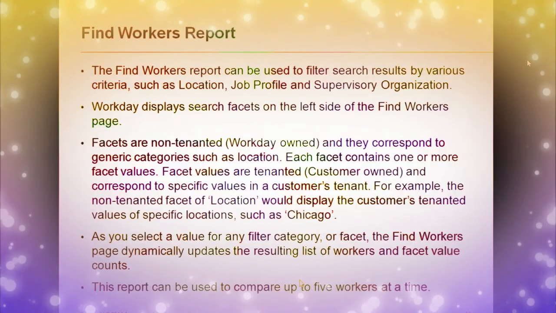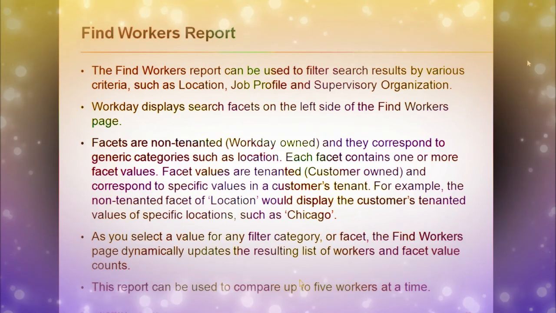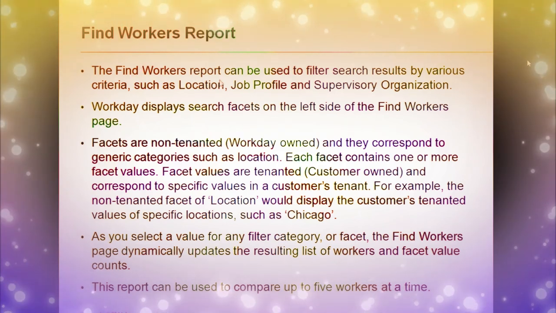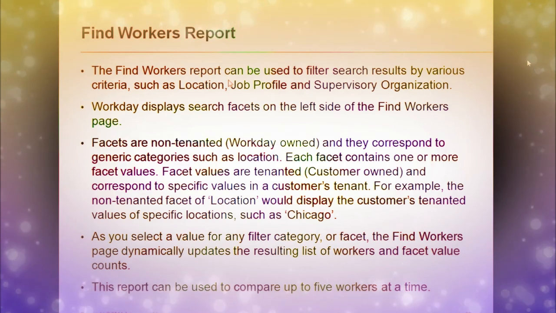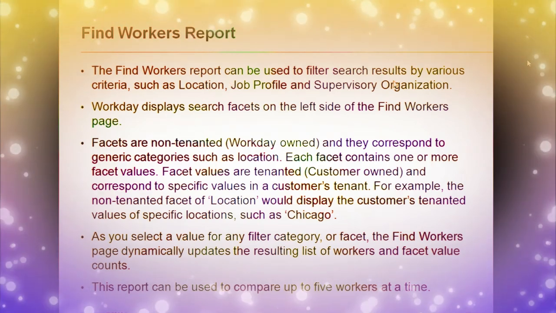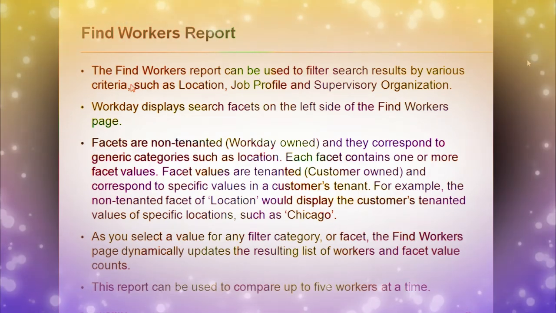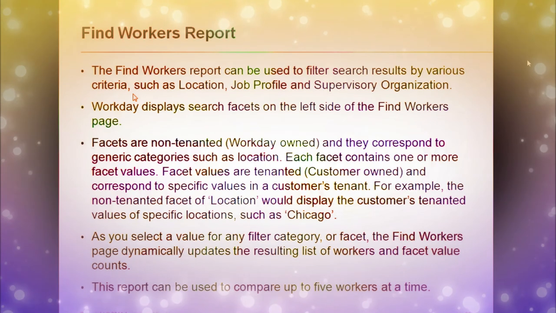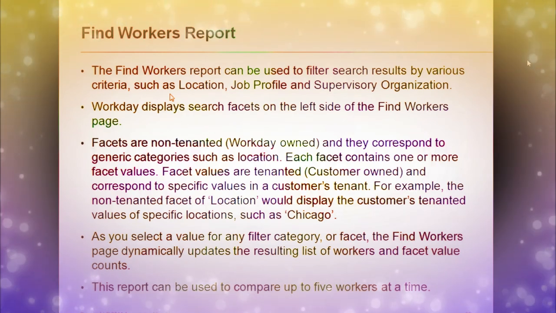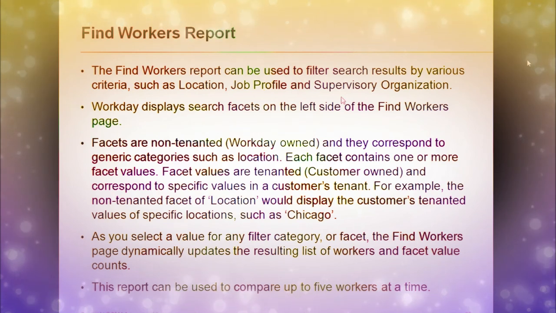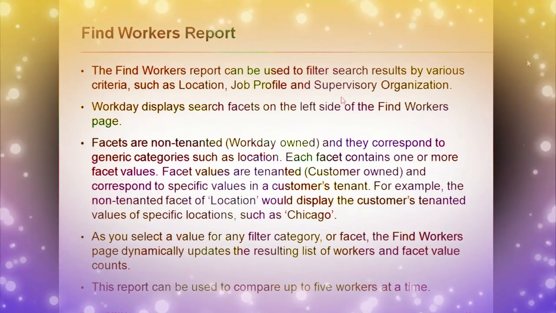Find Workers report: the Find Workers report can be used to filter search results by various criteria, such as location, job profile, and supervisory organization. We can use any of these filters to identify the workers report.